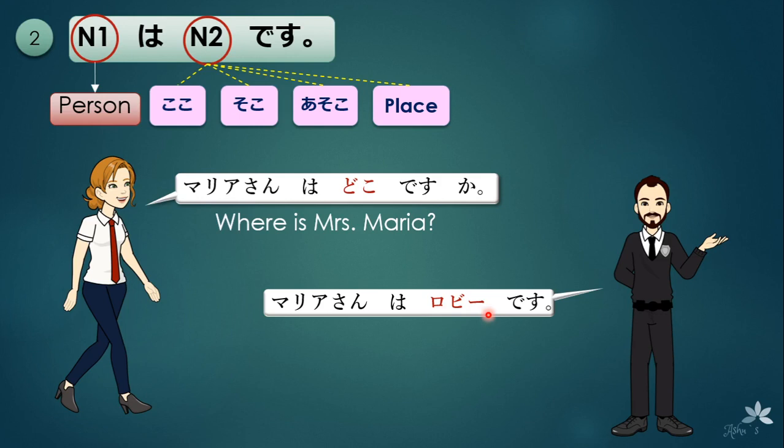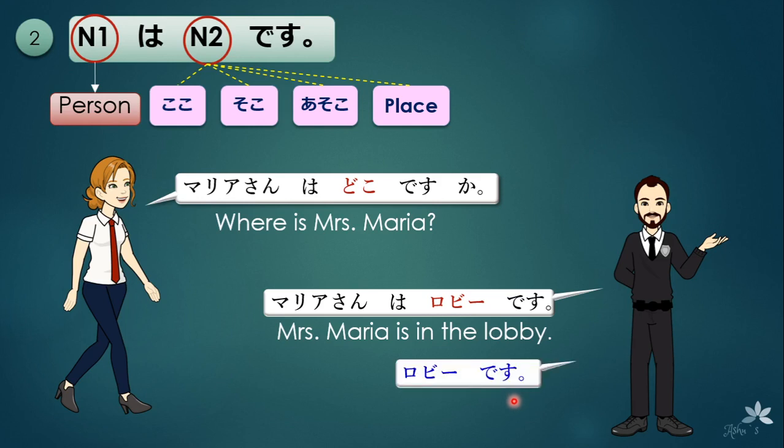Robii means lobby. So he says, Mrs. Maria is in the lobby. Here also, you can drop Maria-san in the answer and just say robii desu. In the lobby.